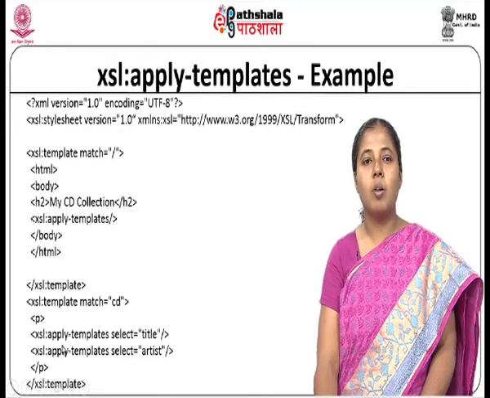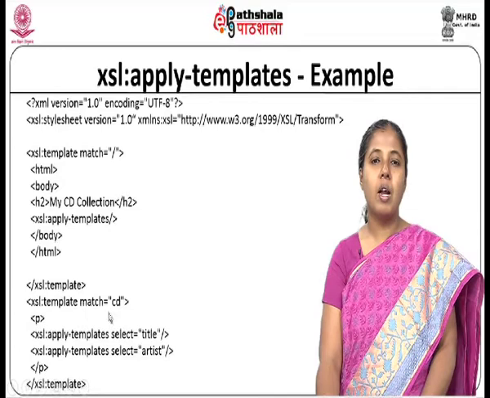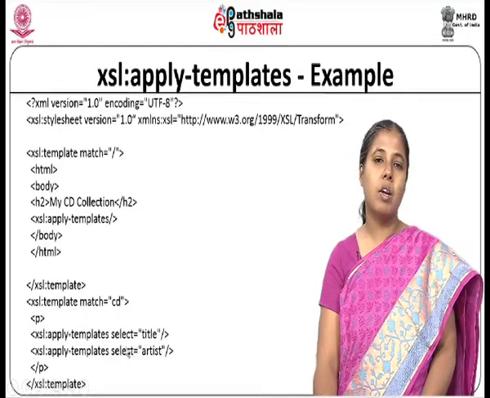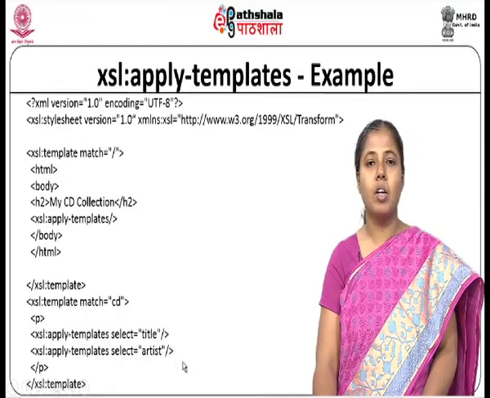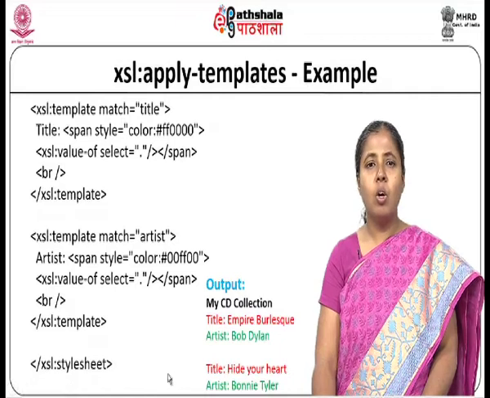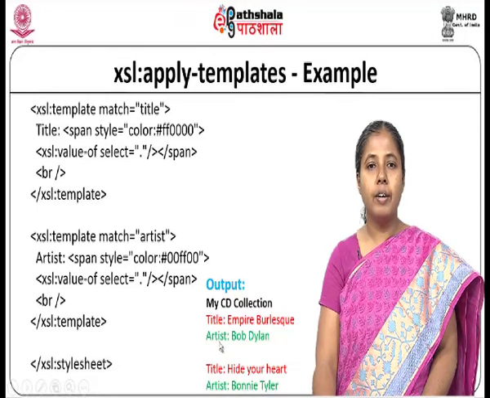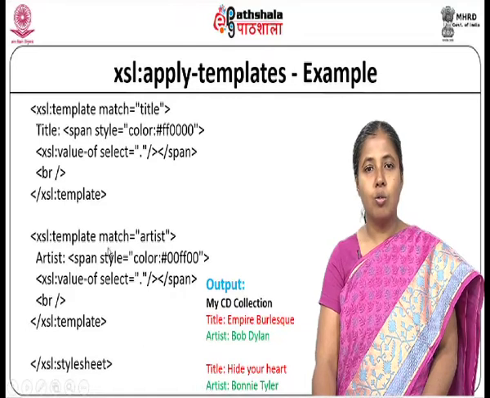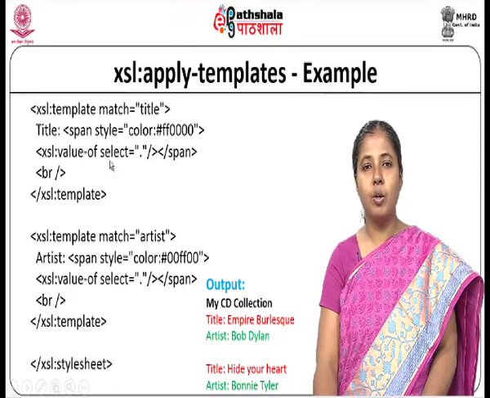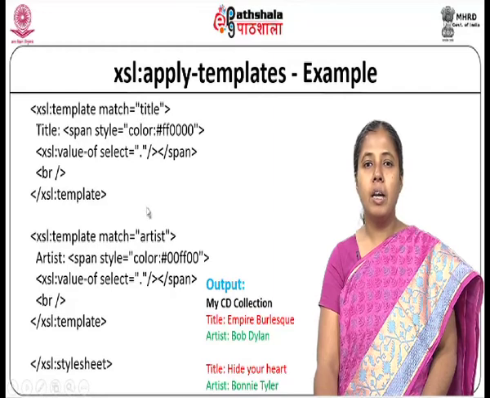Here we use template match equal to CD, we apply-templates select equal to title and we apply-templates select equal to artist. You can see here that you give a different color for the title and the artist. So, you use apply-templates with a different template for title and artist.